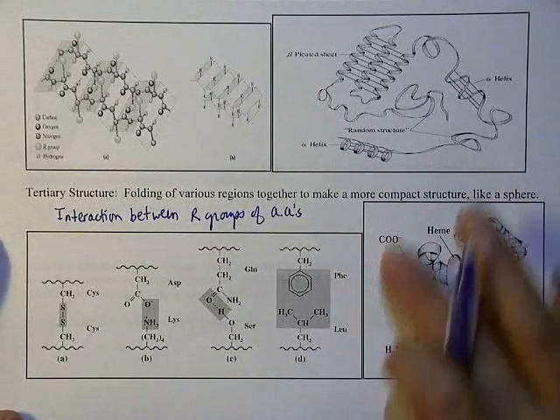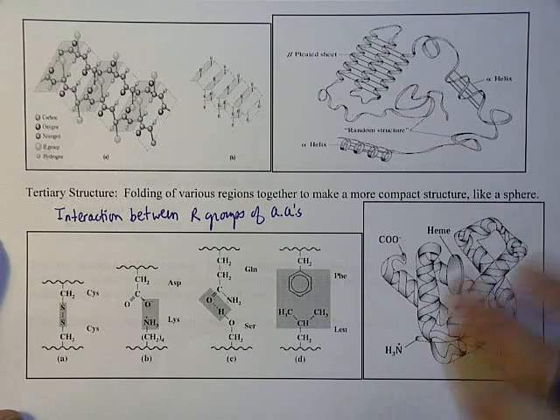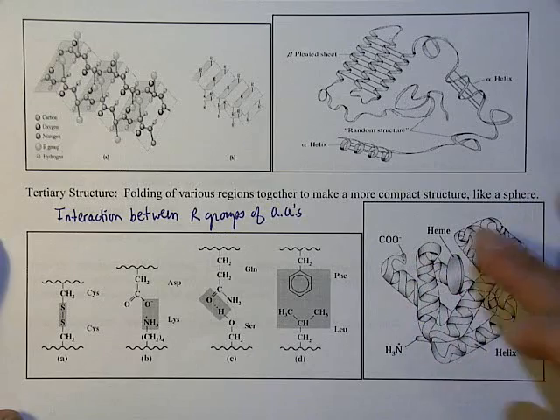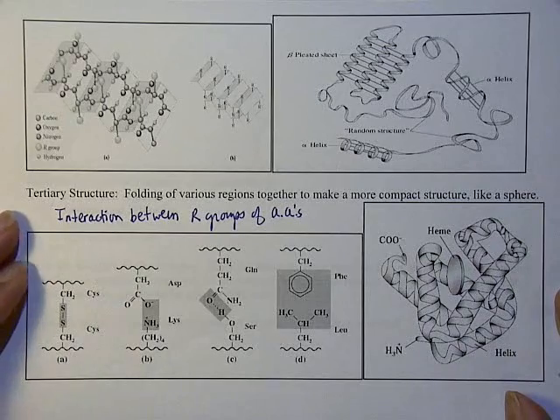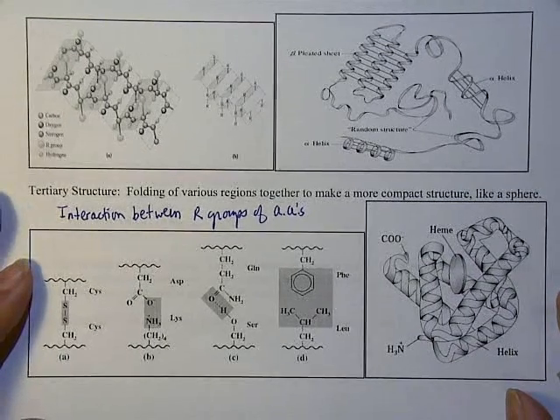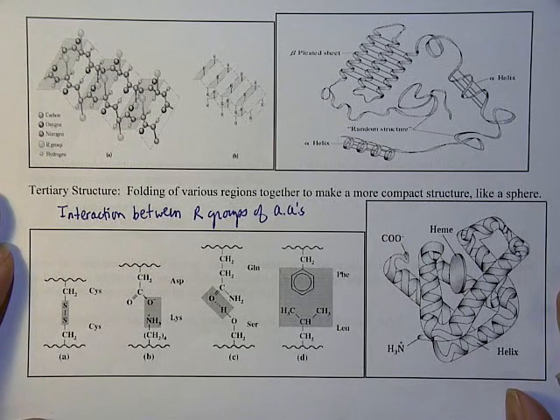So this actually is a structure of hemoglobin, and notice how they're alpha helixes, and notice how they fold in a certain fashion. And the reason why tertiary structure, the 3D shape of a protein, is so important is because that determines the activity of the protein.